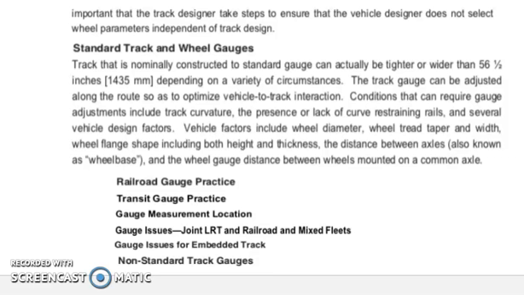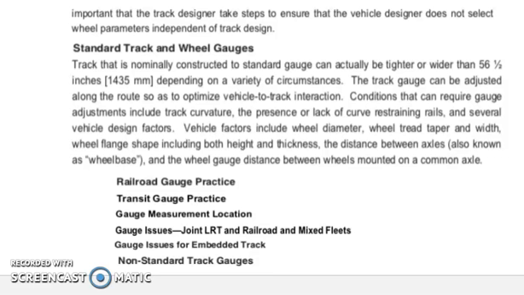So the track gauge can be adjusted along the route so as to optimize vehicle-to-track interactions. The conditions that can require gauge adjustment may include the curvature, the presence of check or curve restraining rails, and several vehicle design factors.